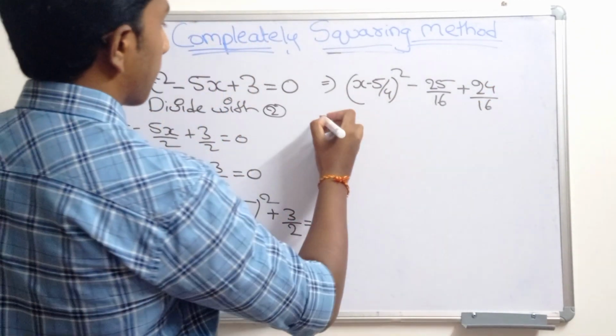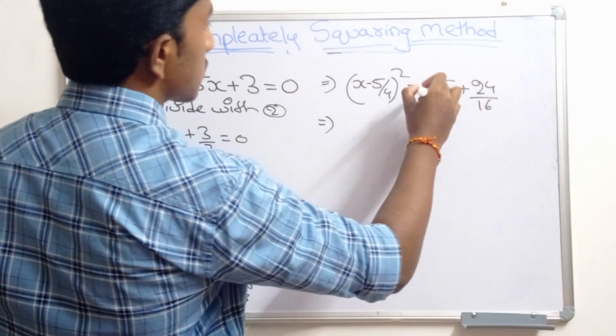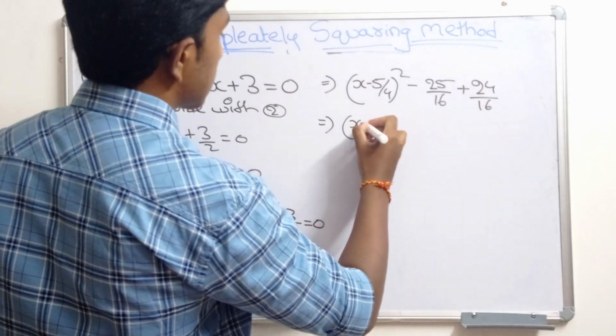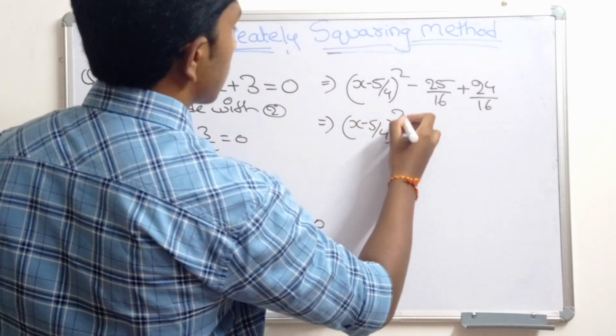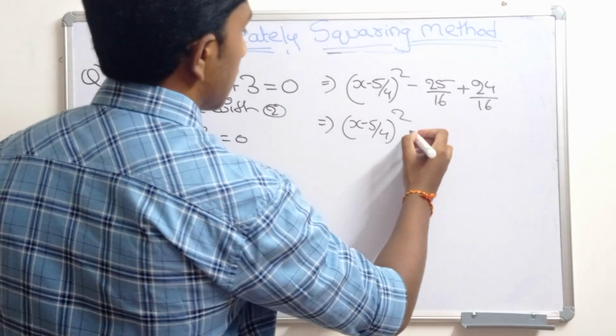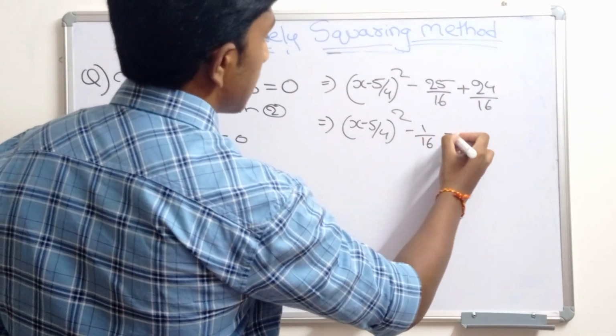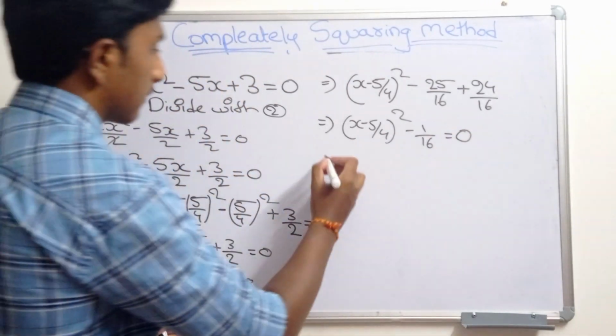Guys, is it clear? So 24 minus 25 by 16 means (x minus 5 by 4) whole square, 24 minus 25 by 16, that means minus 1 by 16 is equal to 0.